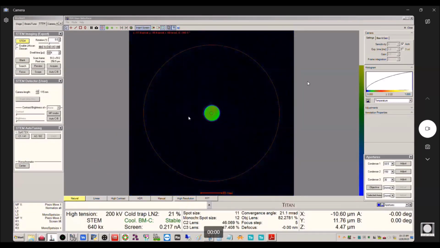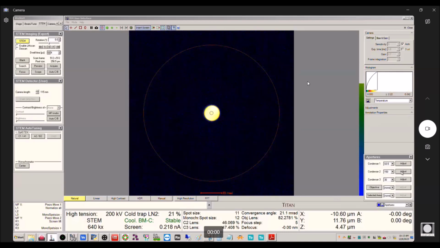Yep, it's about what we should be getting, something about there. Center this a little bit better. Okay, and there we go.